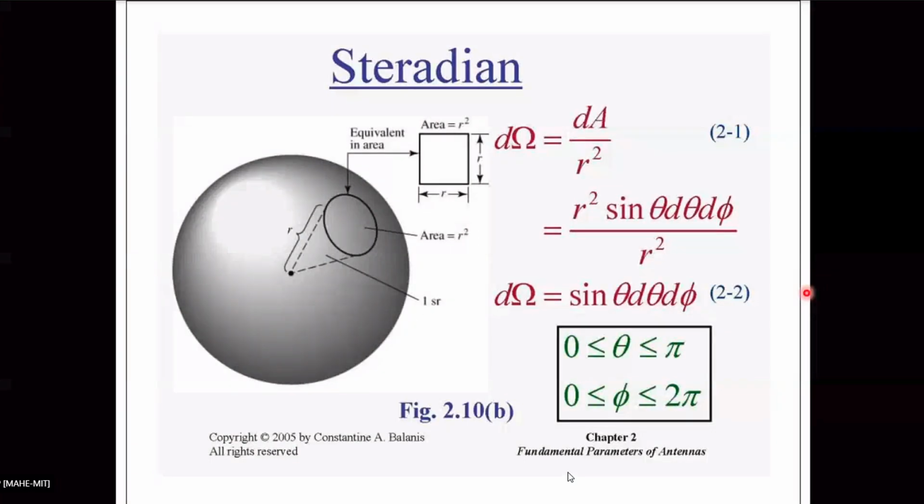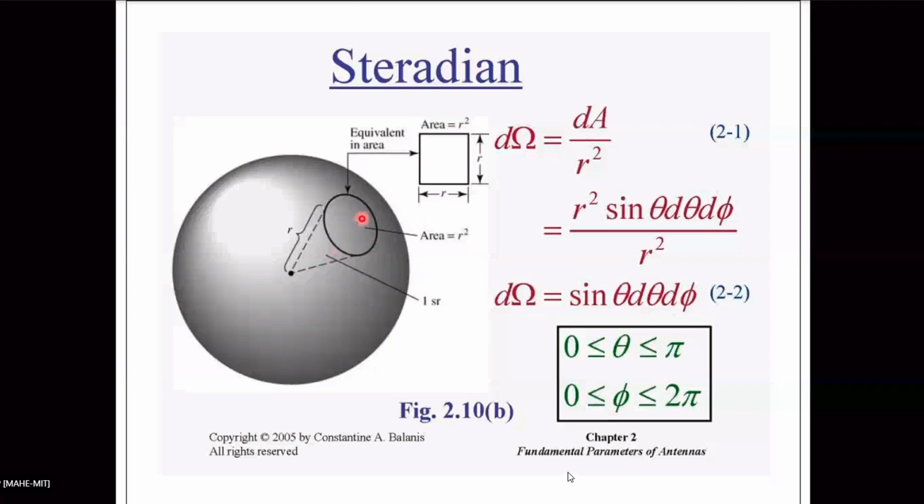Steradian, a solid angle. Now you see there are two angles in a spherical coordinate system. One is theta and one is phi. If you take a portion like this on the spherical surface, you will see it is made up of two angles, something in the theta direction and something in the phi direction.